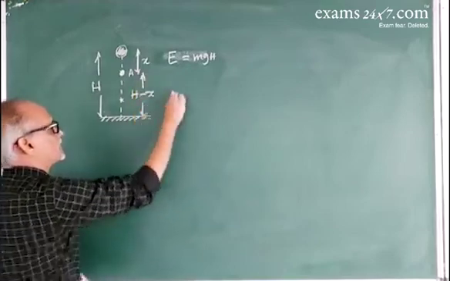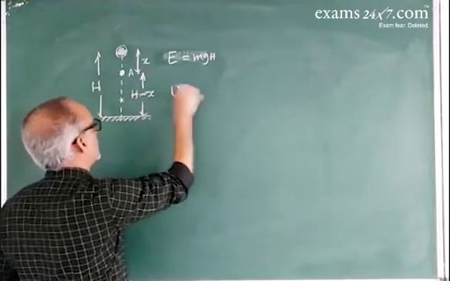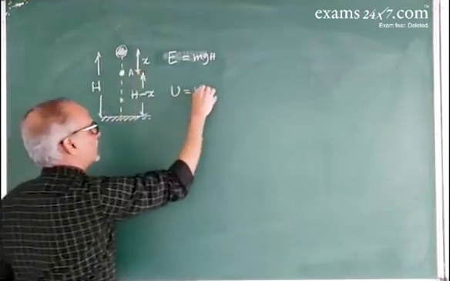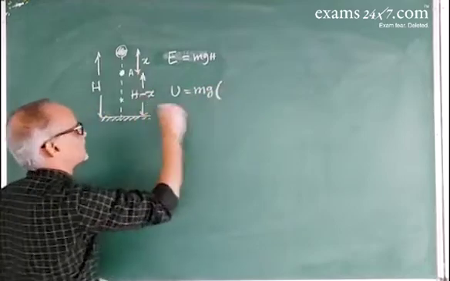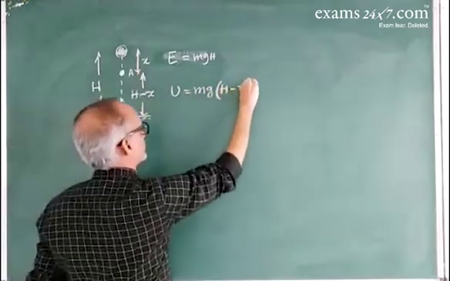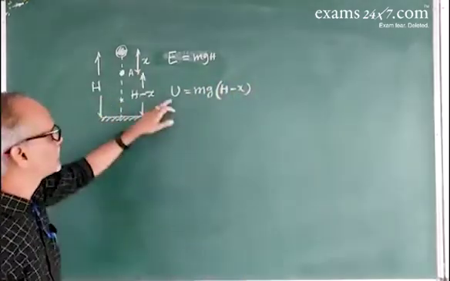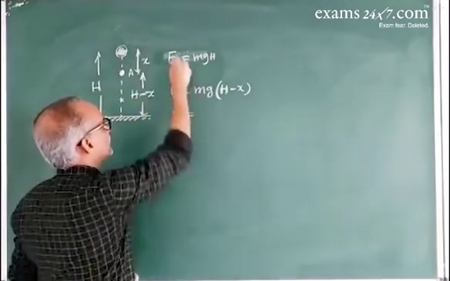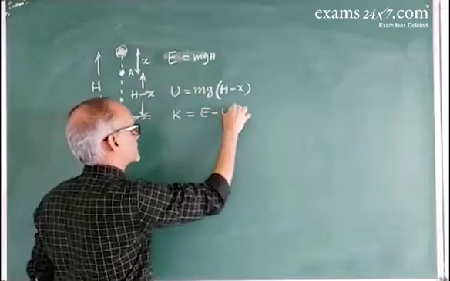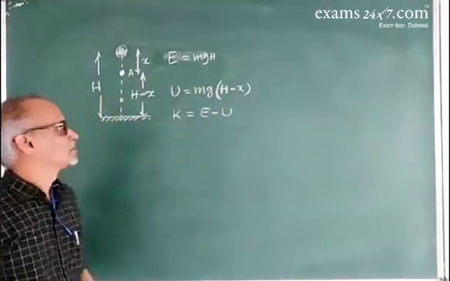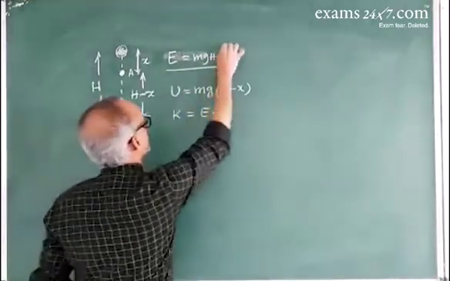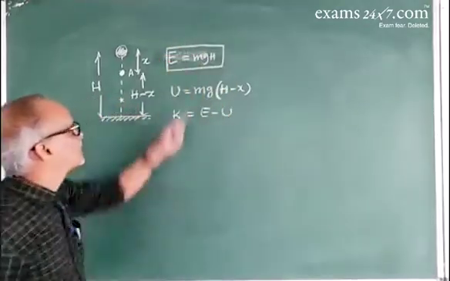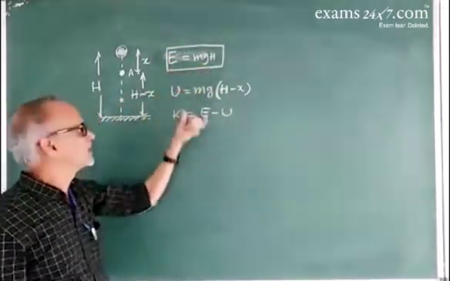So we can find the potential energy at this point, which is equal to mg into (h minus x). And once we get the potential energy, it's very easy to calculate the kinetic energy. It is equal to total energy minus the potential energy. So always find the total energy at the beginning, and then you can make use of it to find the other forms of energy.